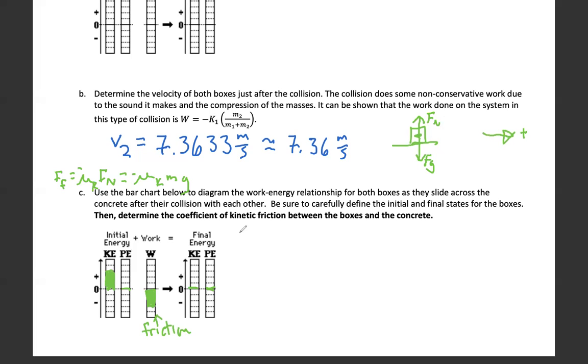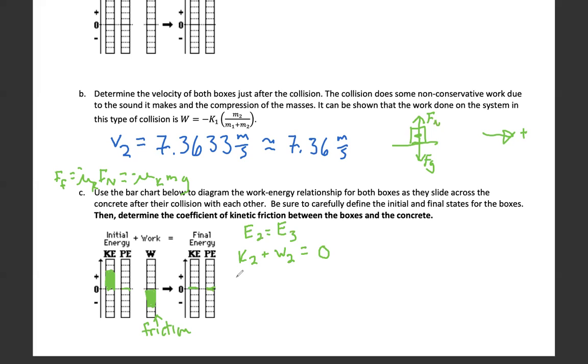So now we can say, let's say E2 equals E3. And what types of energy do we have at E2? At E2, we had the kinetic energy at 2 plus the work we do at 2, which is going to be the work from friction, equals, eventually, 0 energy at E3, 0 kinetic energy, 0 potential energy.